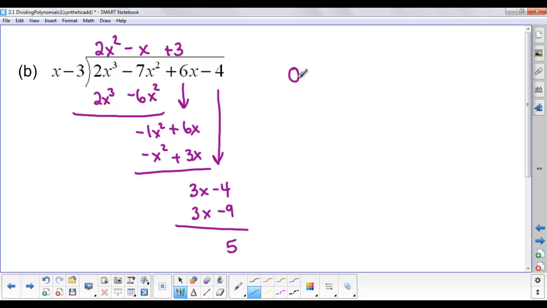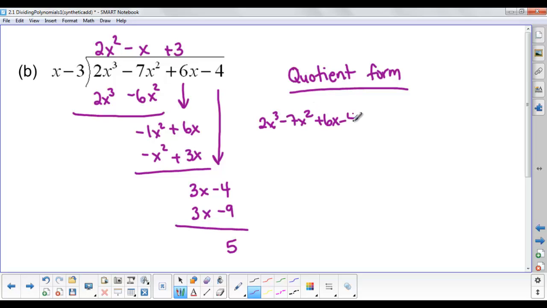Okay, so let's write this in quotient form. Dividend over divisor is equal to the quotient, so our answer, plus our remainder over the divisor.